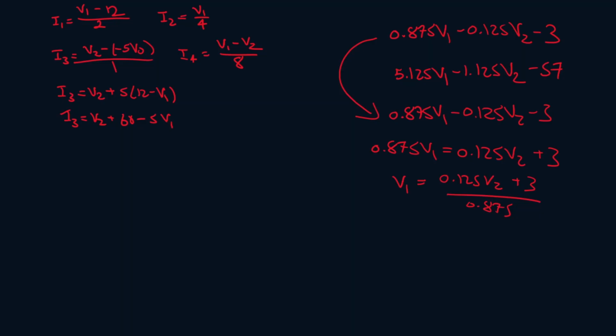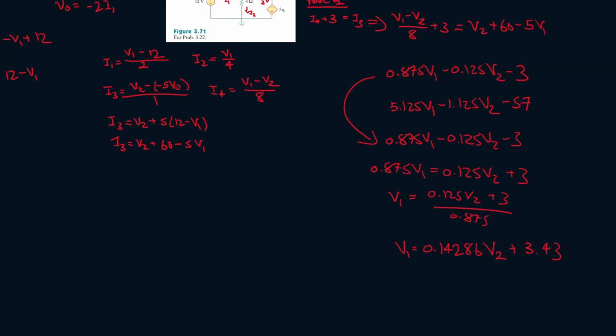Alright, so now V1 will be equal to 0.125 divided by 0.875, that's 0.14286 V2, plus 3 divided by 0.875. That's 3.43.